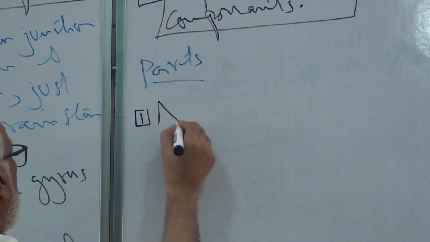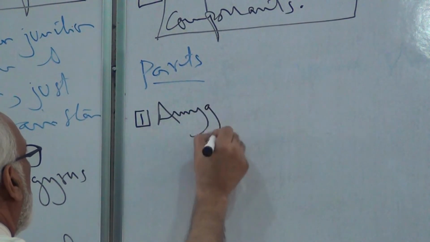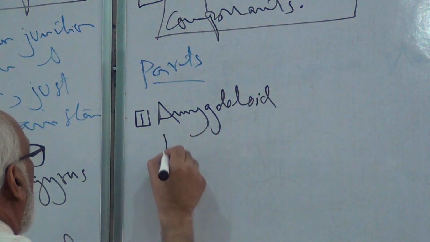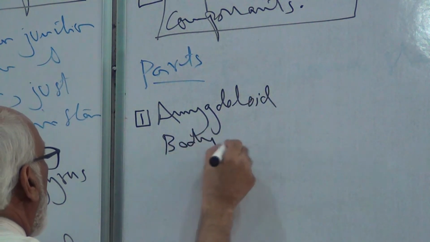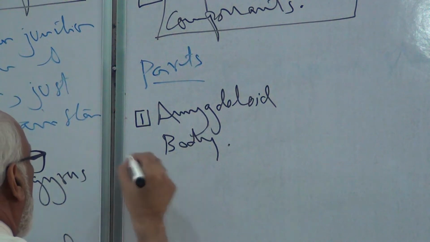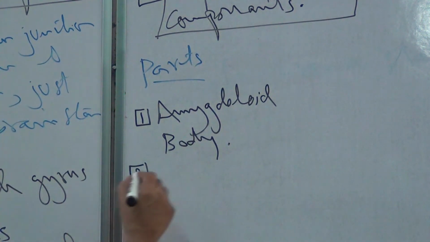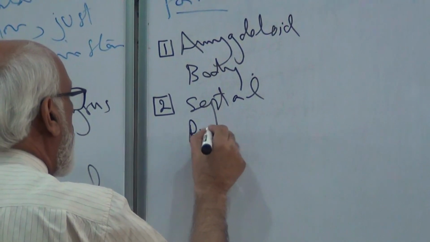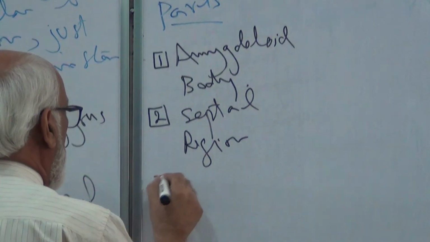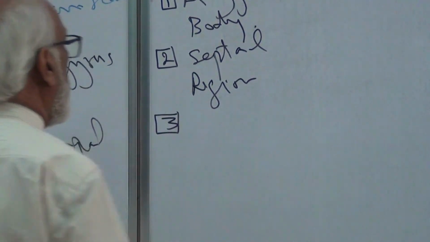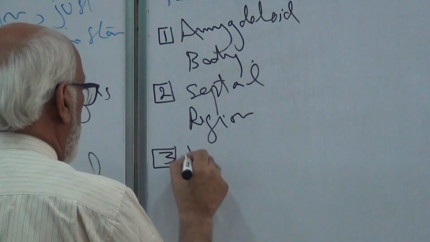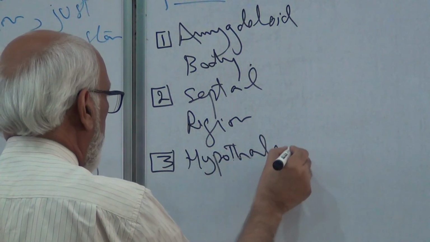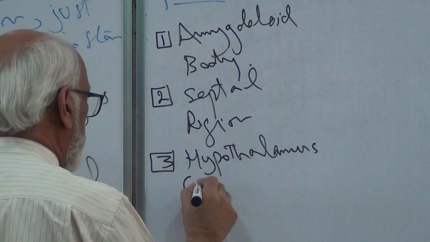Number one, amygdaloid body. Number two, septal region. Number three, hypothalamus, that is mammillary bodies.